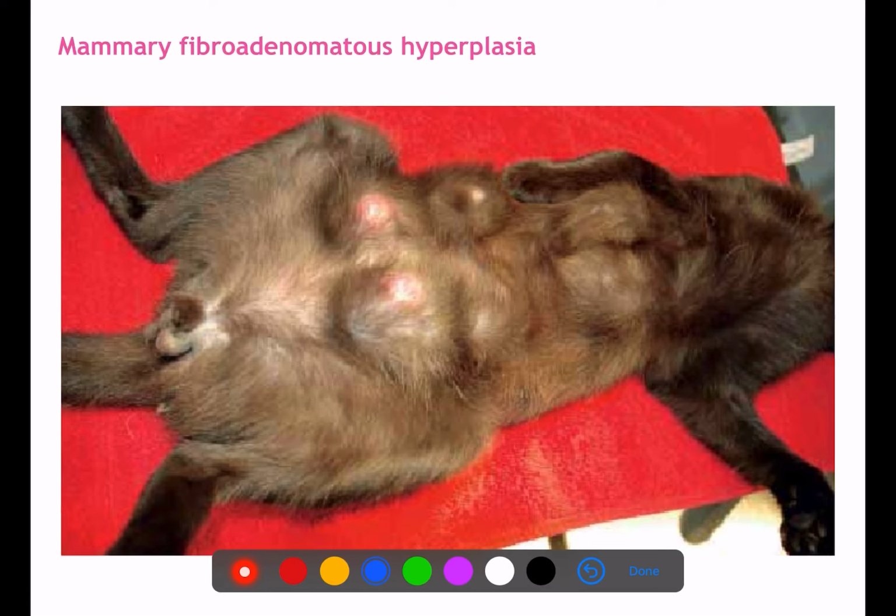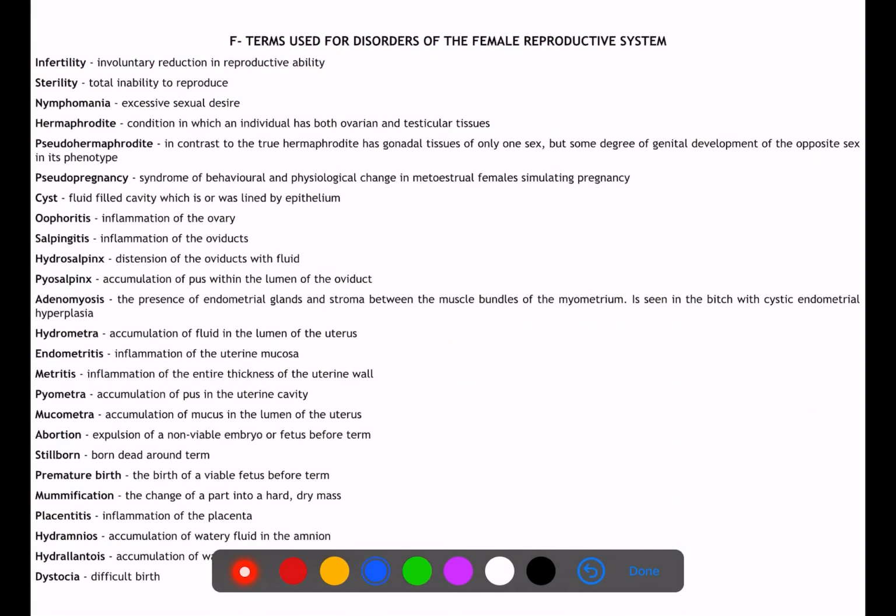Before we end our lecture today, we will take some important terms in the disorders of the female reproductive system. You should save these terms to your memory because you will use them in surgery and medicine at the next stage.